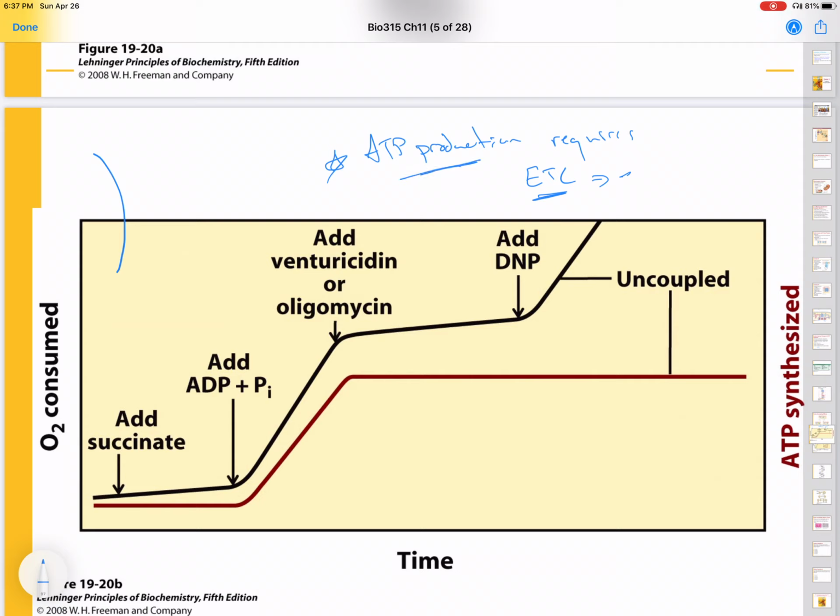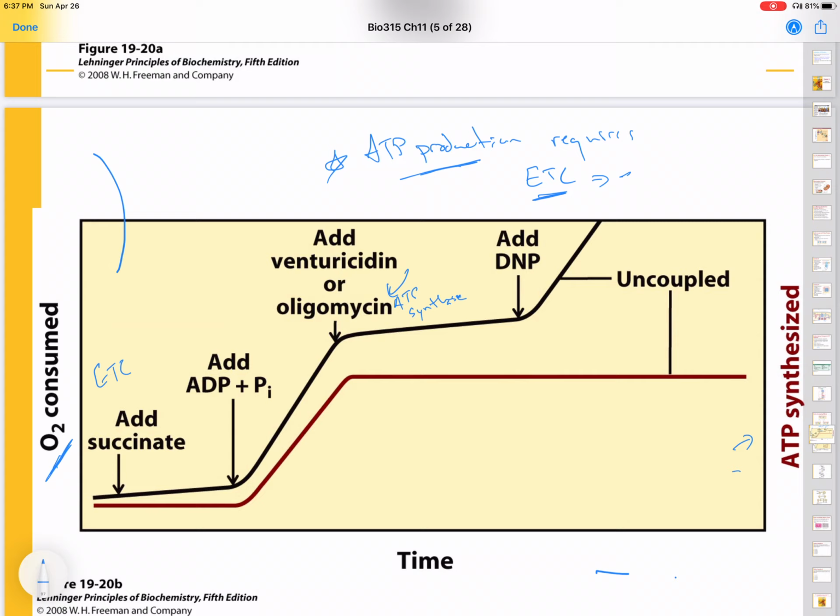But what this graph says is that if you block ATP synthase, you also block, so here in black is oxygen consumption, which is a measure of the ETC, the electron transport chain, and then in red is ATP synthase.